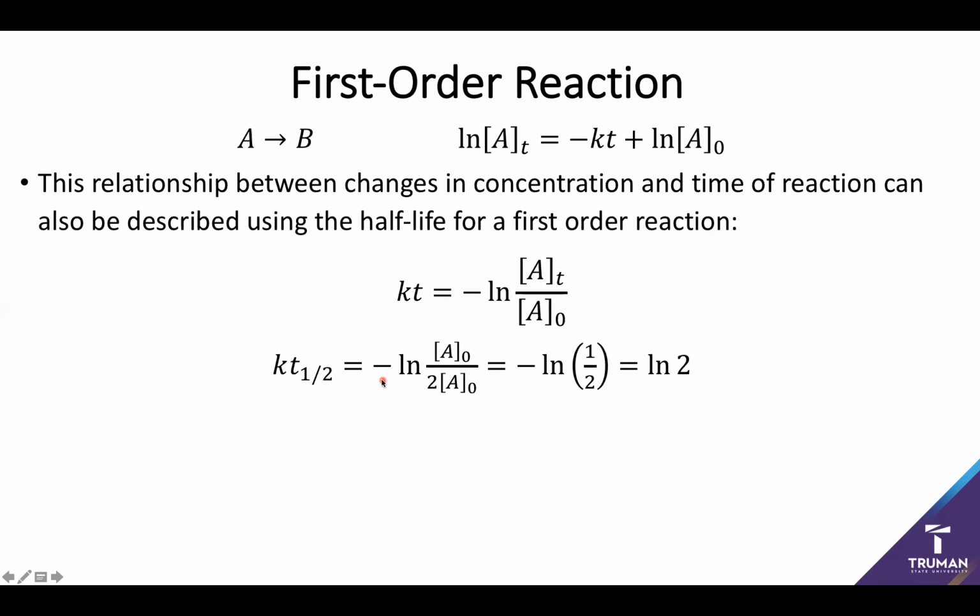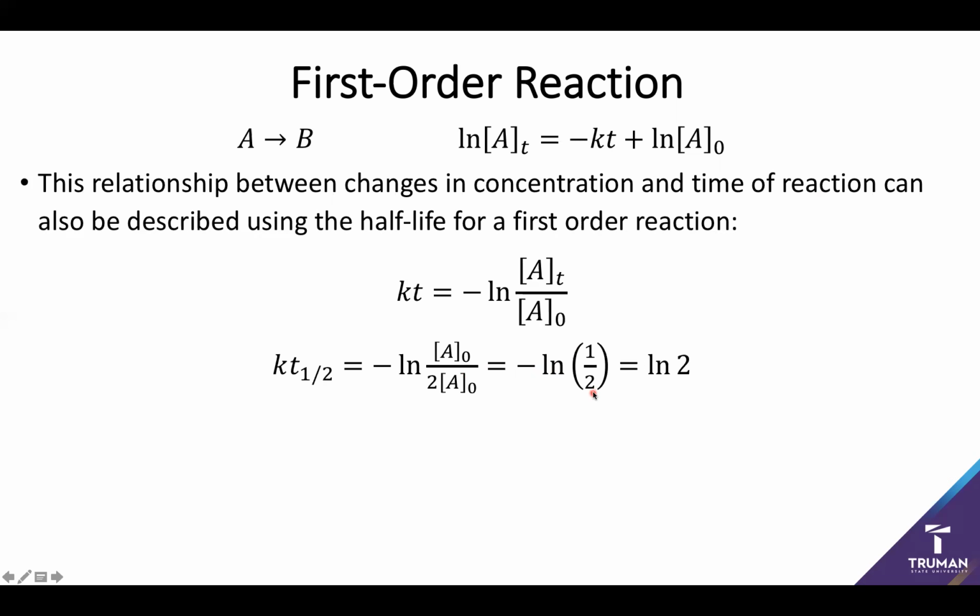By plugging that in, we now have on the right-hand side the negative natural log of our initial concentration divided by 2, so that puts that 2 in the denominator over the initial concentration. Well, now our initial concentrations cancel out, and it's quite pretty because we now have negative natural log of 1/2.